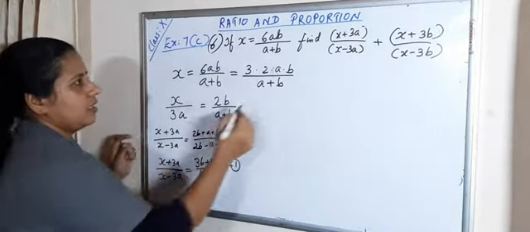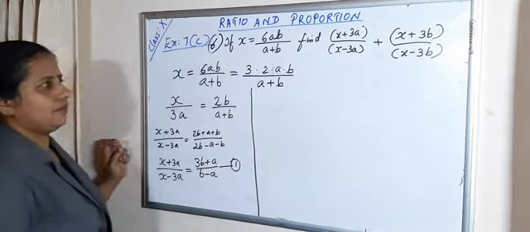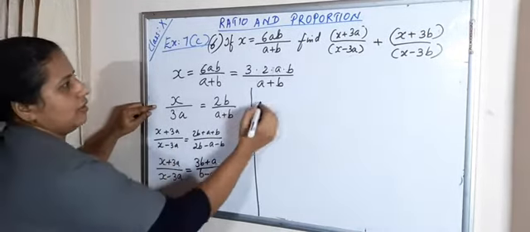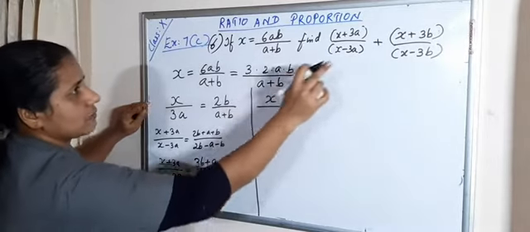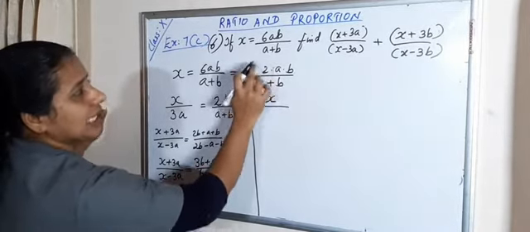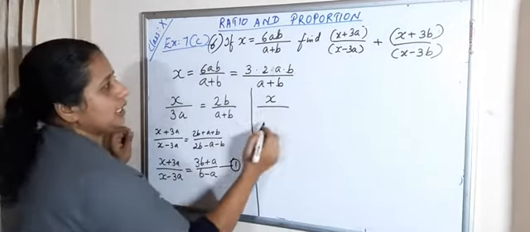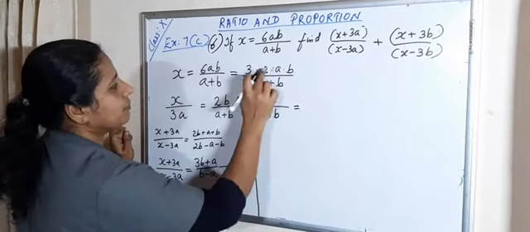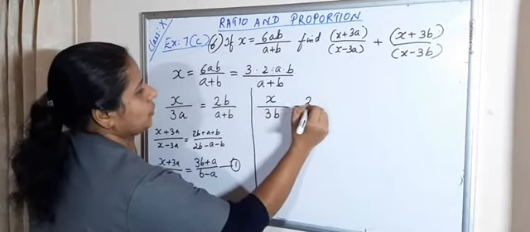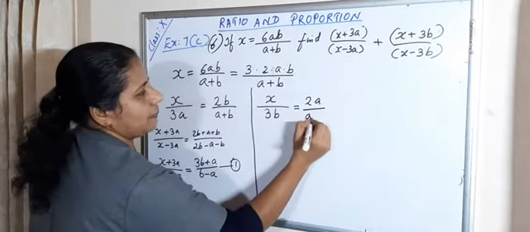Next, in the same way, look here. X plus 3b is there, so I am taking 3b. That is, x by 3b is equal to 2a by a plus b.